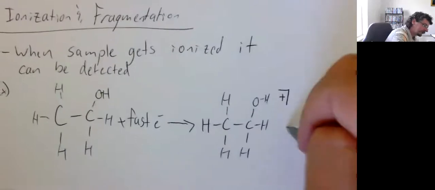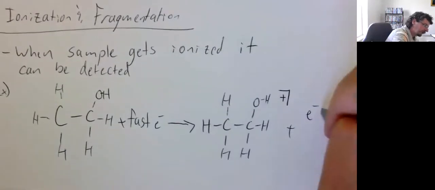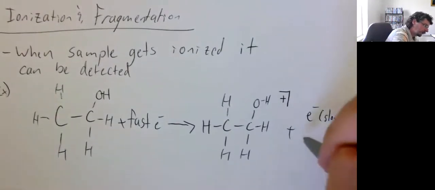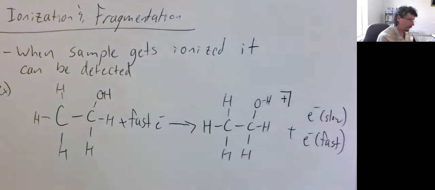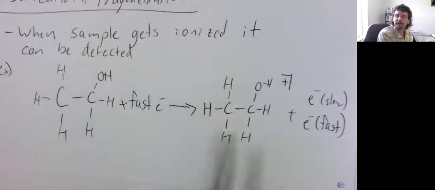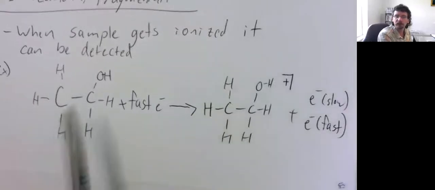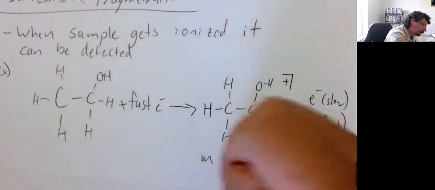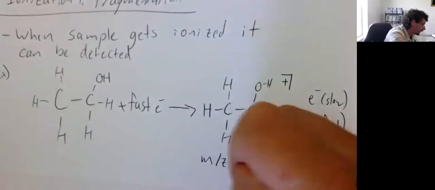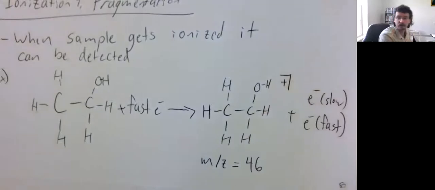And then what happens is we'll get a slow moving electron and we'll get a fast moving one. Now, if we look at what we see in the mass spectrometer, we wouldn't see this species, but we would see this one. And it would have a mass to charge, or an m/z ratio, of 46.